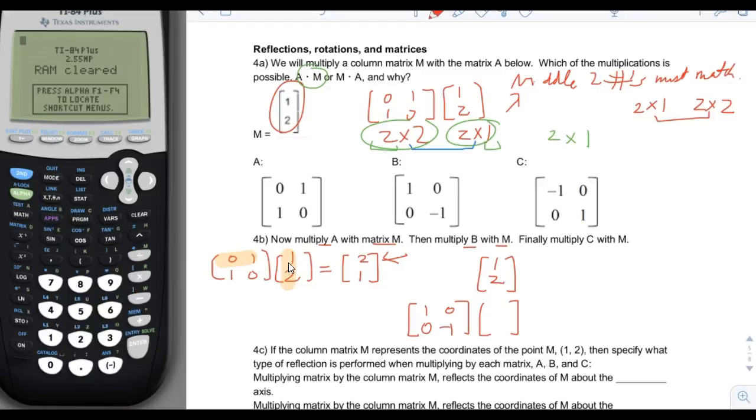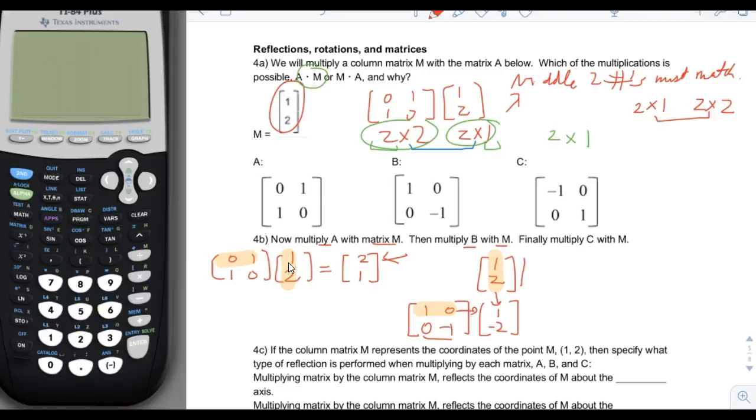What's kind of cool about it is it's easy to see which rows and columns you multiply together to get each number, because they intersect each other. So 1 times 1 is 1, 0 times 2 is 0, so you put 1 here. Then 0 times 1 is 0, and negative 1 times 2 is negative 2. So our resulting matrix is 1, negative 2.